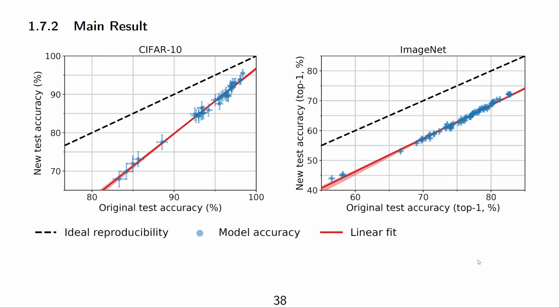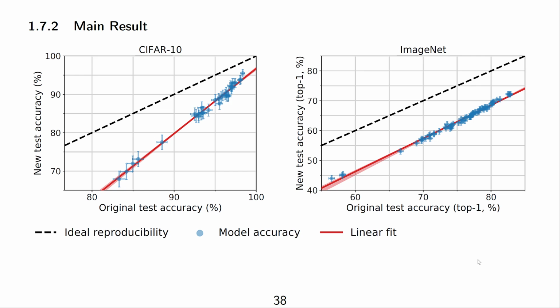So the performance on the original test set is a predictor for the performance on the new test set. That means that the performance on the original test set still tells us a lot, and in some sense we could say it preserves the ordering between the quality of the architectures.